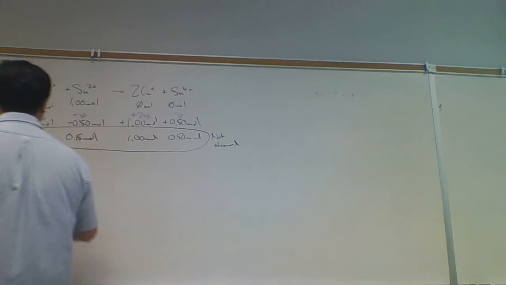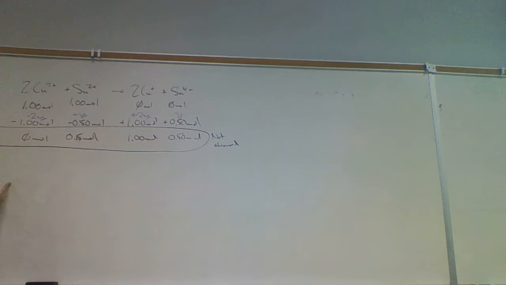In fact, what's observed is this. What's observed is I don't get that at the end. Of this, I'm going to get 0.36 moles. Over here, I'm going to get 0.68 moles.